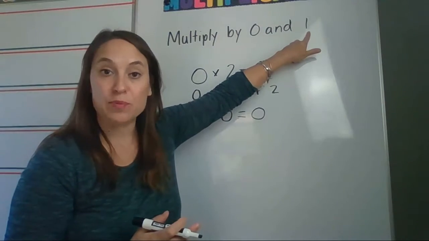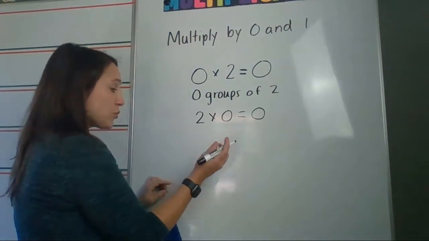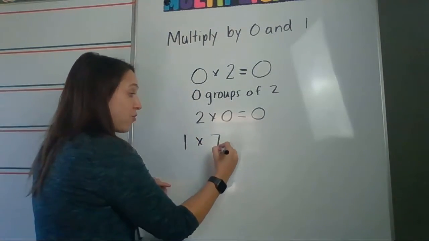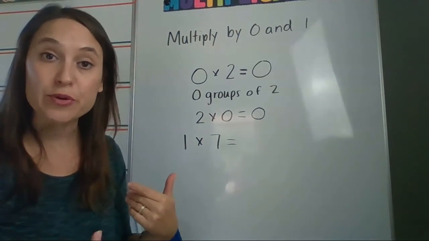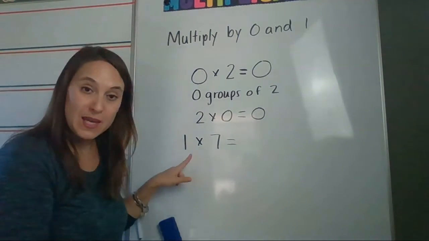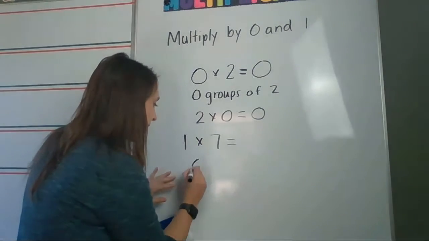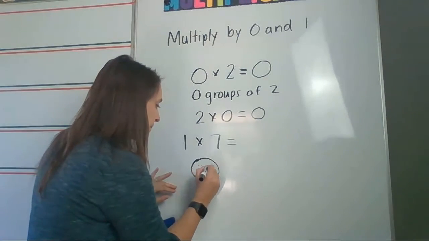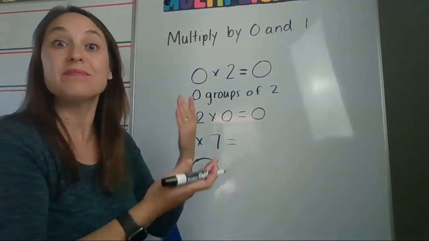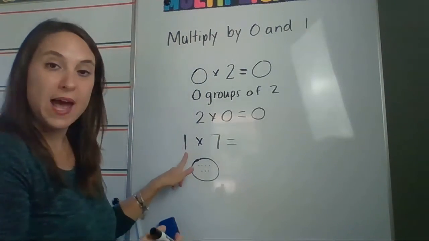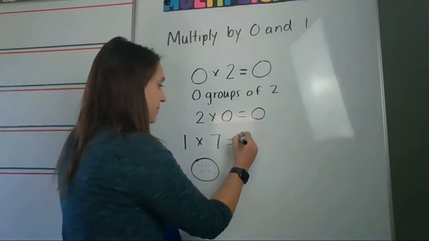Now let's try multiplying by 1. When you multiply by 1, you have 1 as a factor. You can think of this in two different ways, and we'll use the commutative property to help us. This means one group of 7. So let's put that in. One group of 7. How many total do we have? 7. So we could think of it as one nest, 7 birds in each.